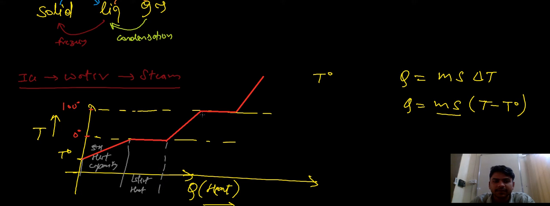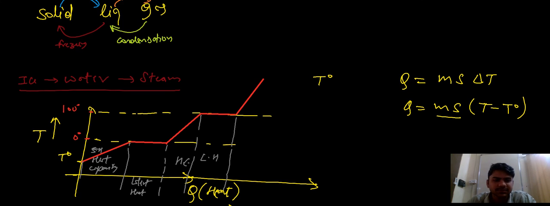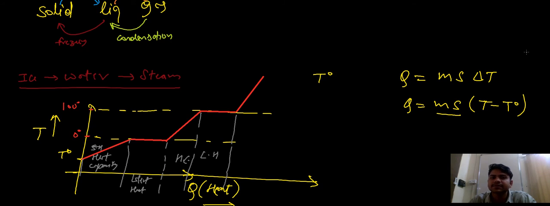Again this will be heat capacity, and this is the latent heat of vaporization, and so on. It goes like that. That'll be the relation you should be getting in the case of water. It is general for every substance going through these phase changes.